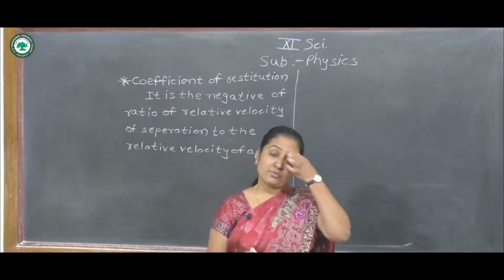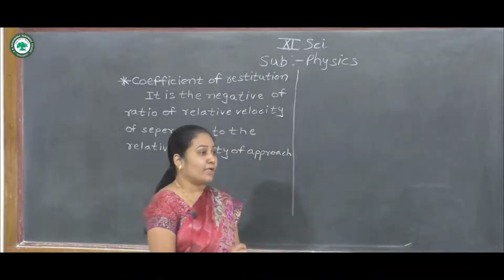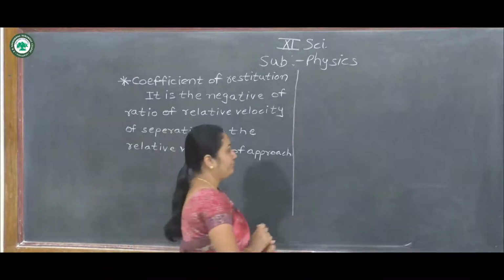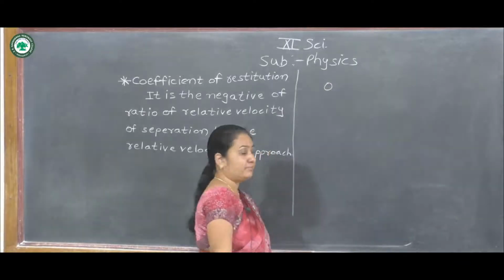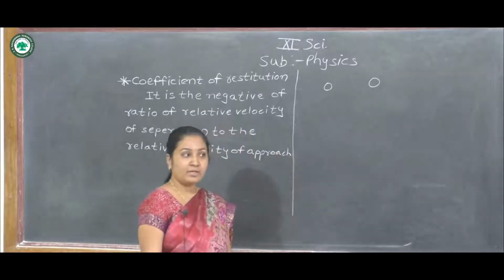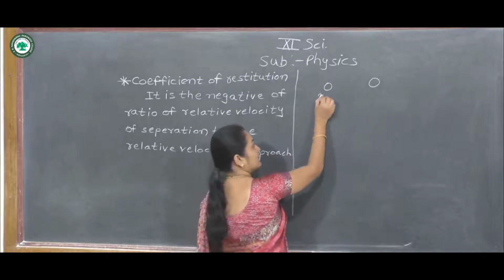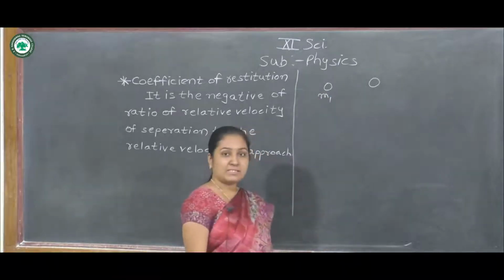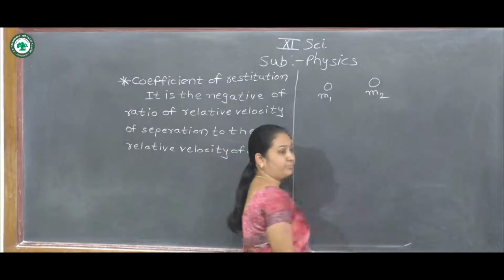Now suppose we consider two objects. We have this one object and this is the other object. The first object's mass is denoted as m1. Similarly, the second object's mass is denoted as m2.